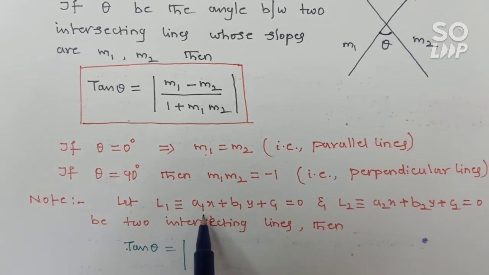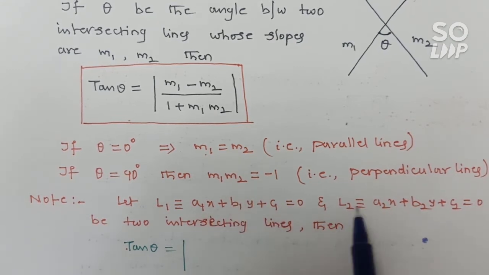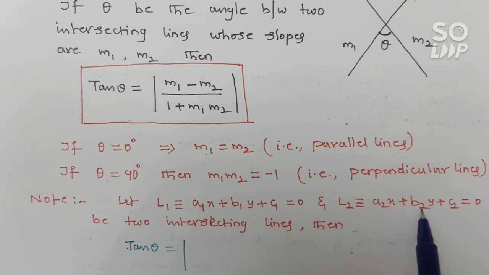So the slope of the first equation is minus a1 by b1, and the slope of the second equation is minus a2 by b2.